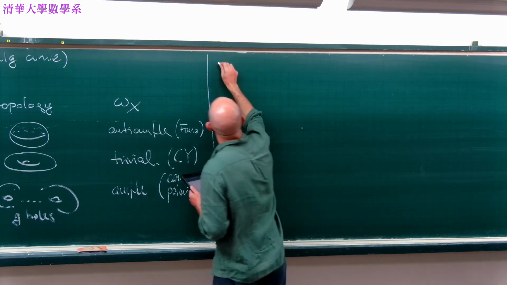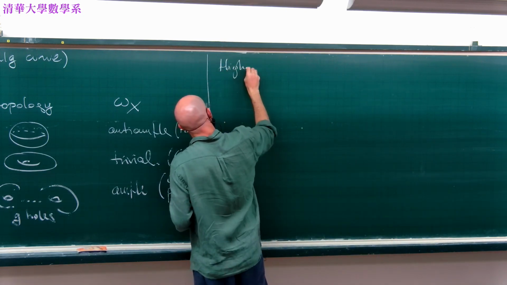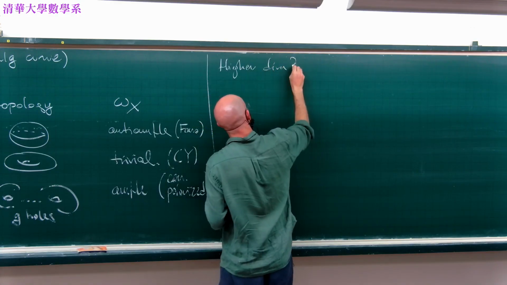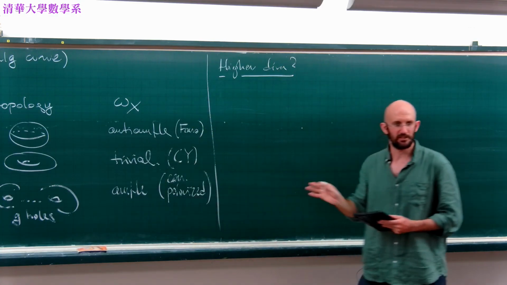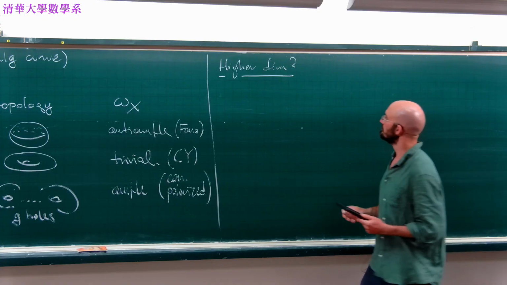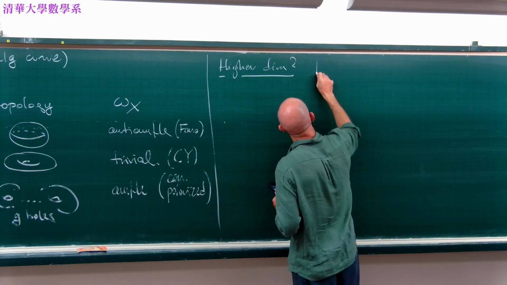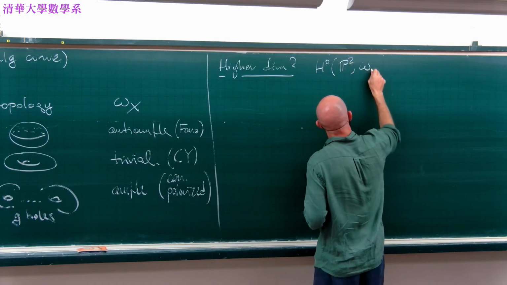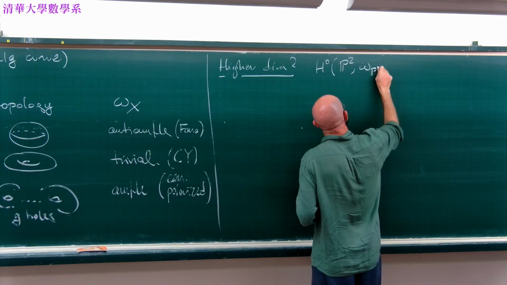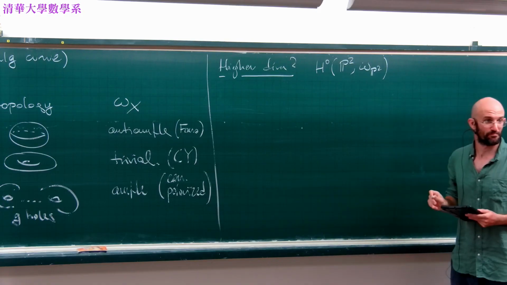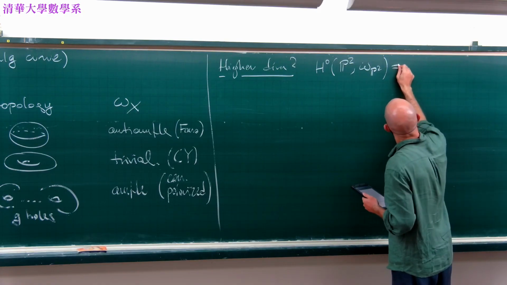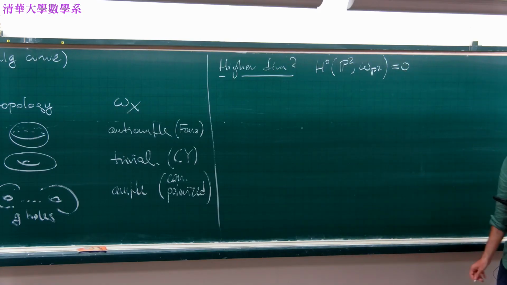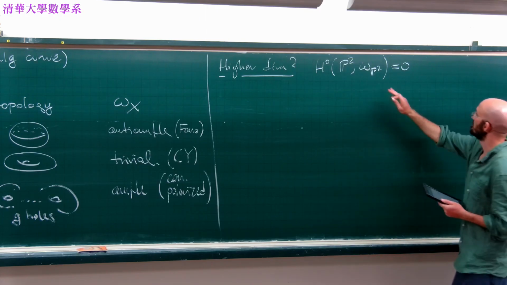What about in higher dimension? Well, the situation is a bit more complicated. Why? Because if you take global sections of, let's say, the simplest possible algebraic surface, the projective plane, there is no global section of omega.